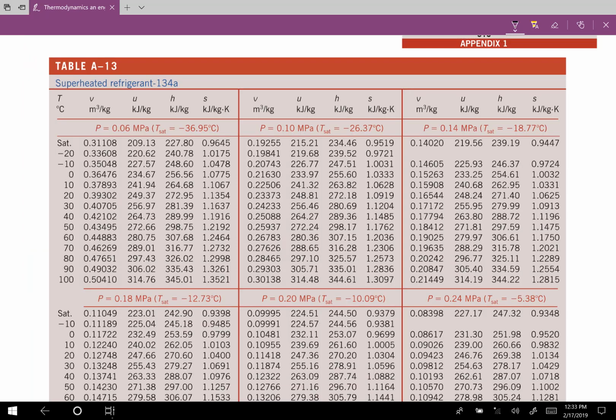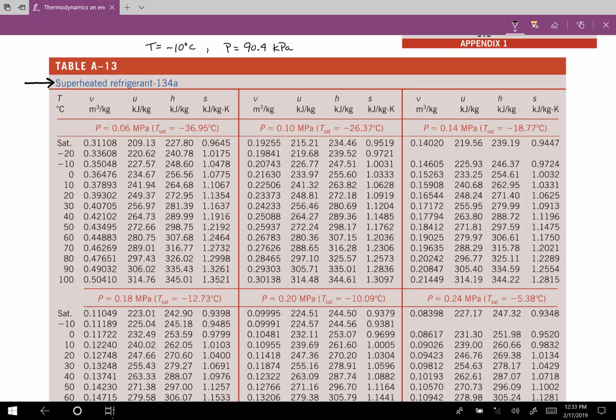So here's our superheated refrigerant 134A table. First of all, our temperature is negative 10 degrees Celsius and our pressure is 90.4 kilopascals.